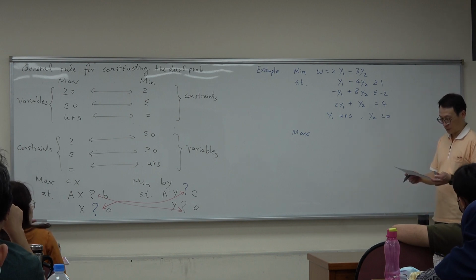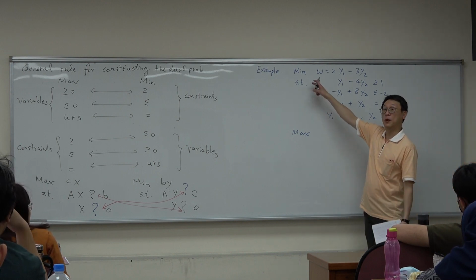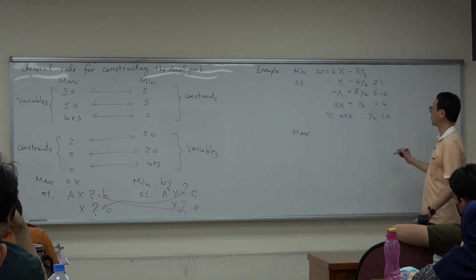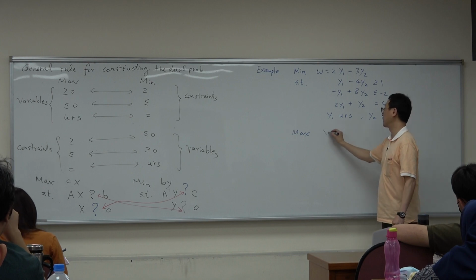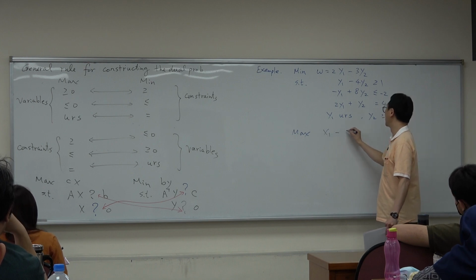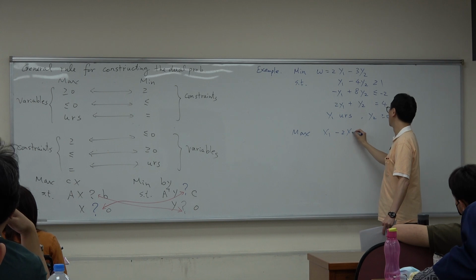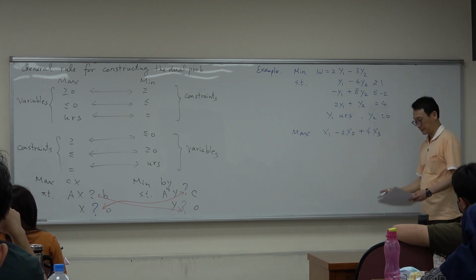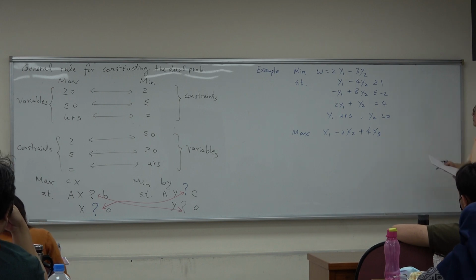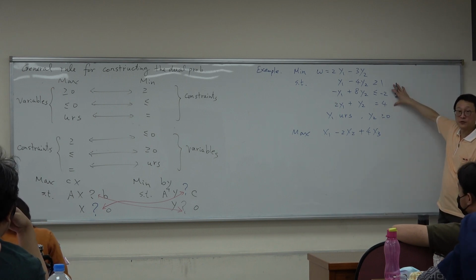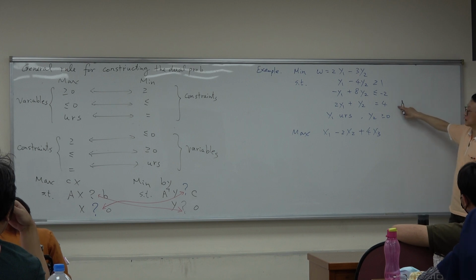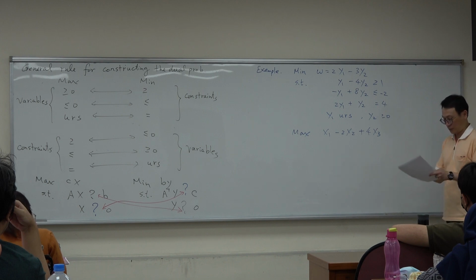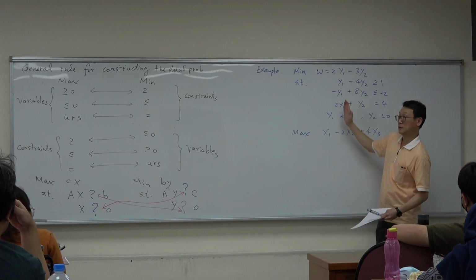So the objective function would be, the prime is minimized, so the dual should be maximized, right? So that would be x1. Here it becomes our objective function coefficient. That's for x1, x2, and x3. And for the constraints, the first constraint will be in this direction.